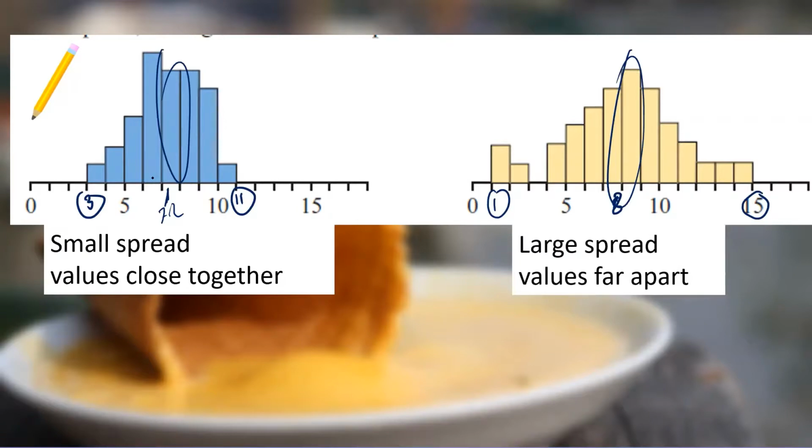So now, if I asked you to look at the ages of people in year 11, that would be a very small spread. There would be some 17-year-olds, some 16-year-olds, maybe even some really young 15-year-olds doing year 11.